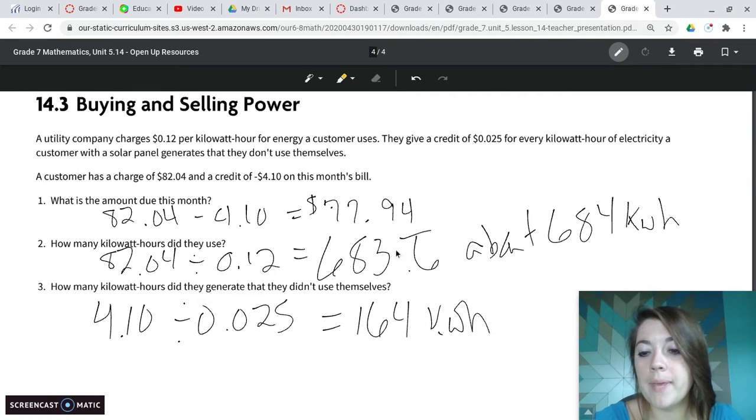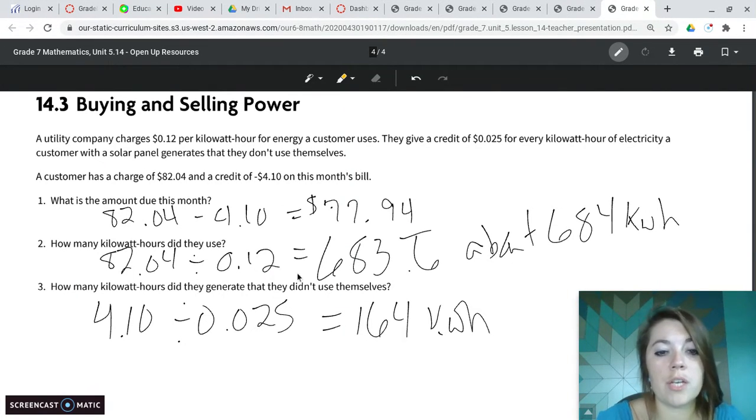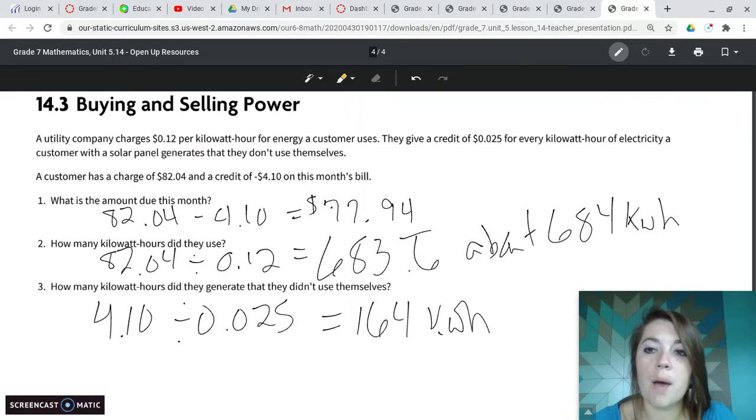This 0.6 repeating is a rational number because we could rewrite that as 2/3. So any decimal that we can write as a fraction is a rational number. So we're looking at subtraction and division, and we saw some multiplication earlier and addition, using all four of those operations to work through and solve problems.